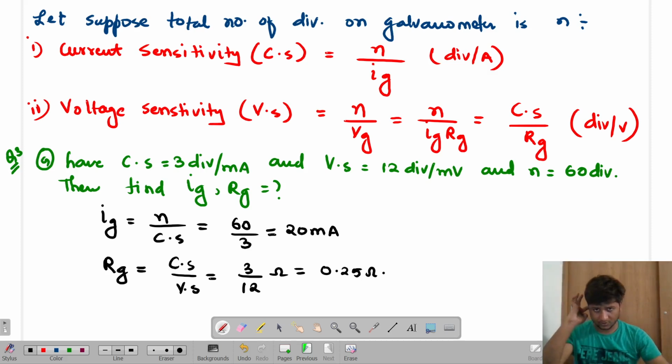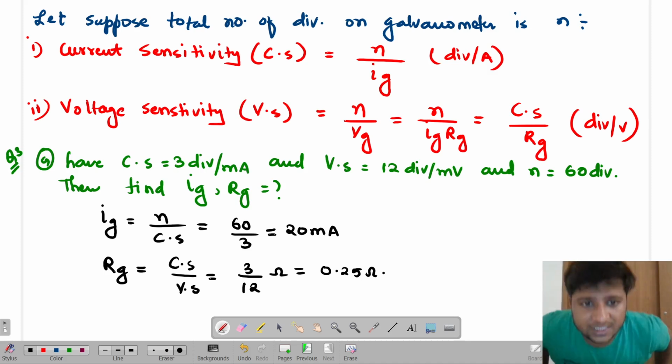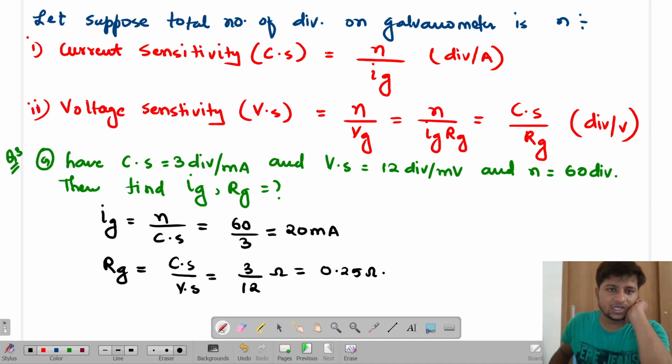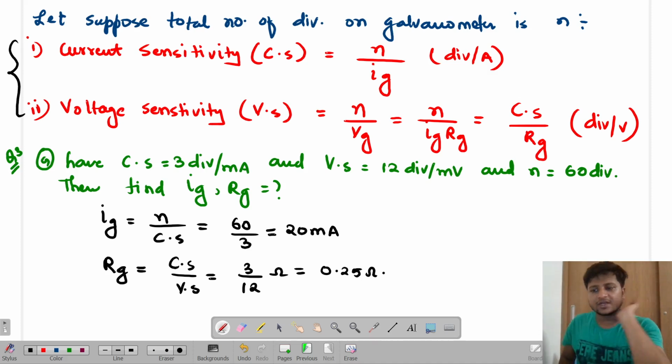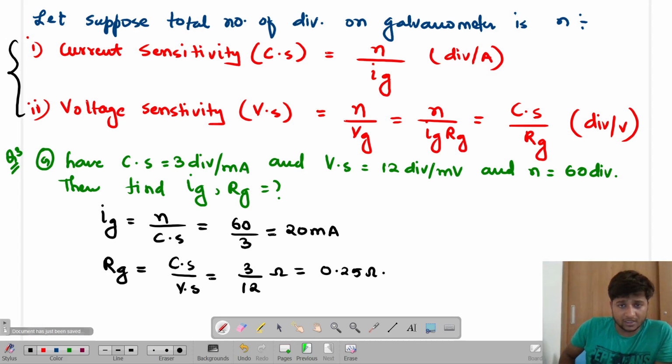Okay. So let us move on to the next point. Now we will understand that, as we know, we can measure the voltage and current with the help of a galvanometer. Both things we can measure. Basically a galvanometer is a sensing device, isn't it?